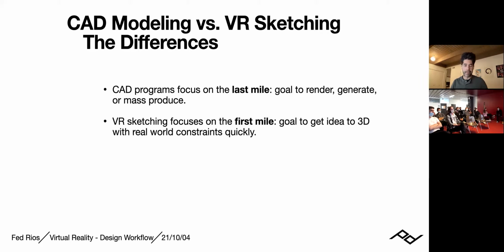Now, VR sketching focuses on the first mile of the design journey, the very, very beginning, where you just want to get an idea from your head into 3 dimensions as fast as possible. This is great whether it's just in your head or you have a quick napkin sketch or even a fully dimensioned plan drawing. It's just to get it into 3D quickly.